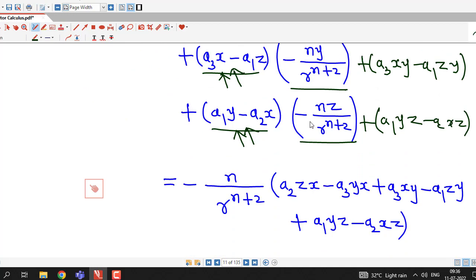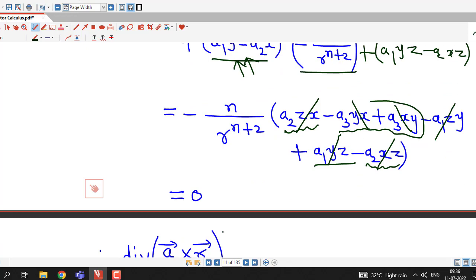So I will obtain this expression, and now you can see I have a2xz here and negative a2xz here, so that will cancel each other. Similarly, a3xy minus a3xy, so these two will cancel each other, plus a1yz negative a1yz, so you can see the divergence is 0.